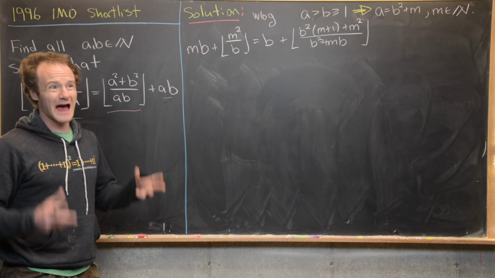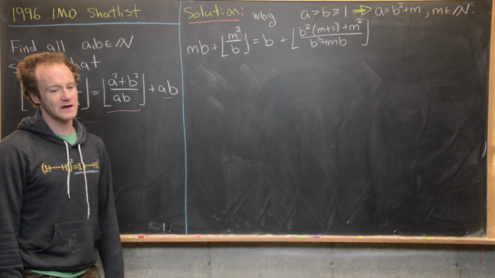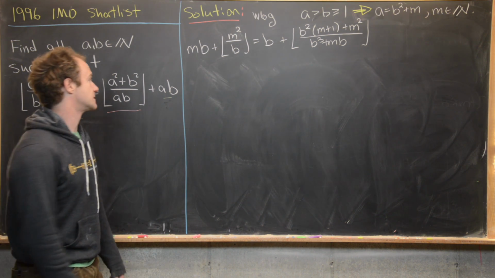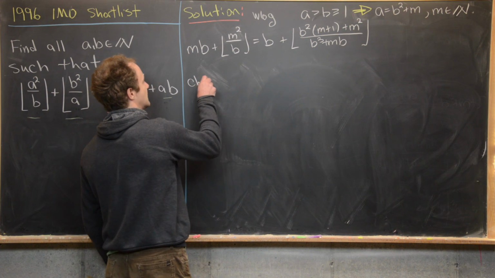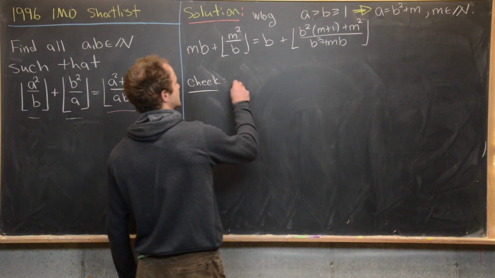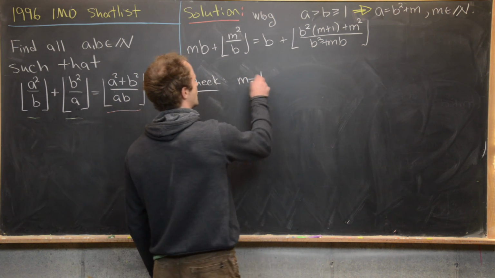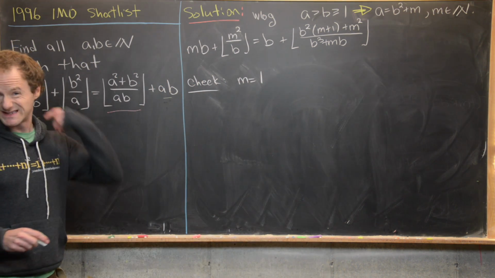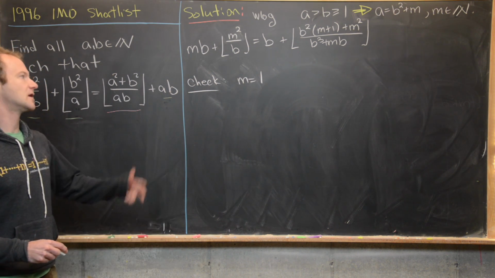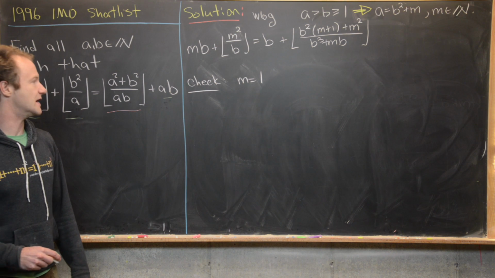And then probably after we find those nice values of m, you can see that no other values will really give us a solution. So let's check the nicest value of m. Remember, m is a natural number here. So let's check the m equals 1 value and see if we can find some values of b that are companions of this value of m.